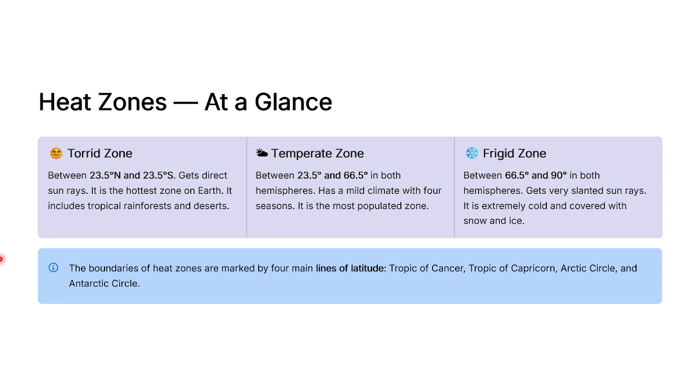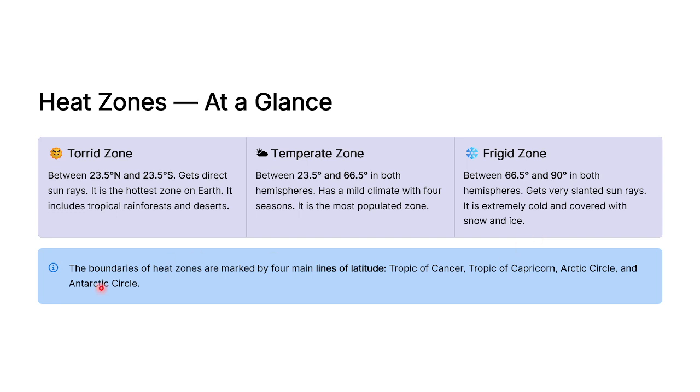Then the temperate zone, between 23.5 degrees and 66.5 degrees in both hemispheres, has a mild climate with four seasons. It is the most populated zone. Then the frigid zone, between 66.5 degrees and 90 degrees in both hemispheres, gets very slanted sun rays, so it is extremely cold and covered with snow and ice.